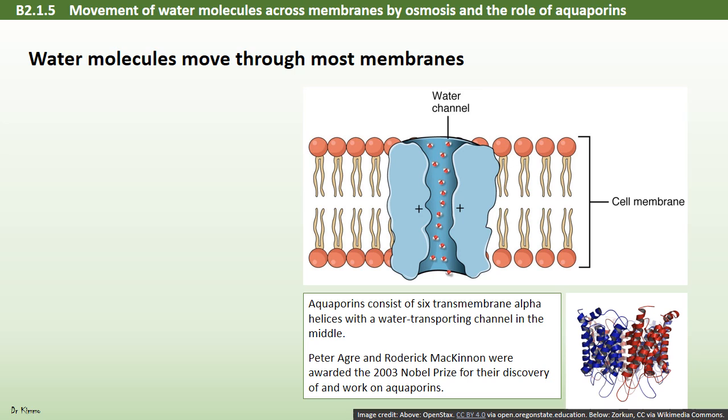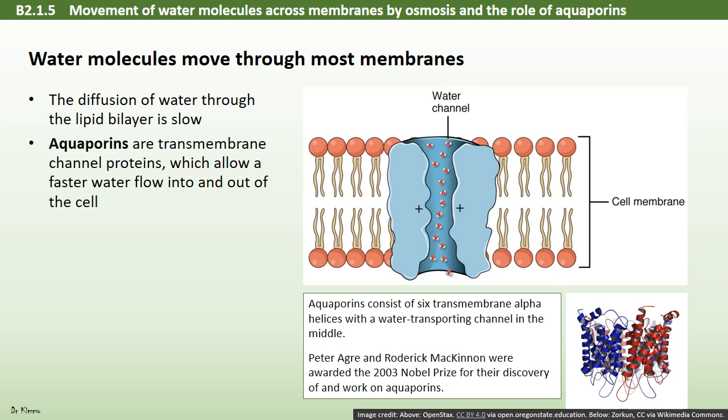Now you know about simple diffusion and about proteins in the membrane. For some cells' needs, diffusion of water through the lipid bilayer is too slow, so they have something called aquaporins. Aquaporins are transmembrane channel proteins which allow water to flow through.